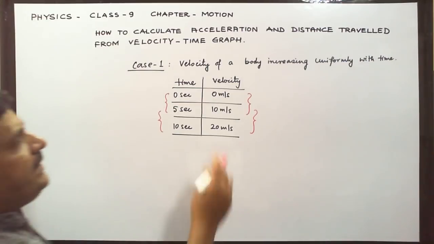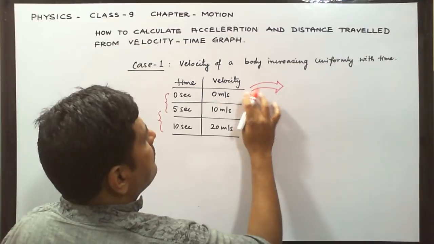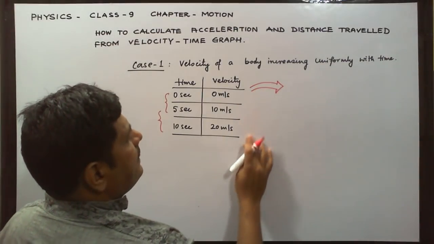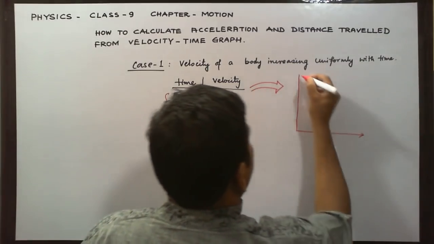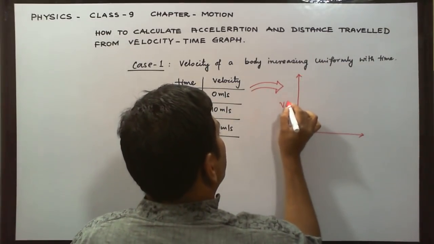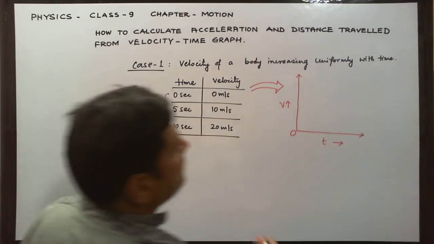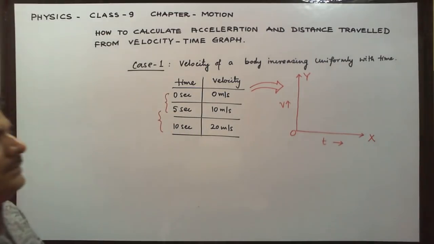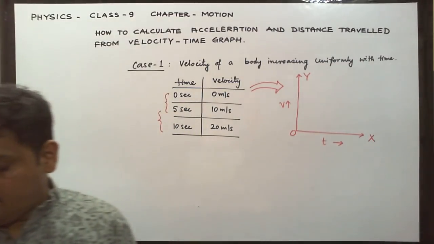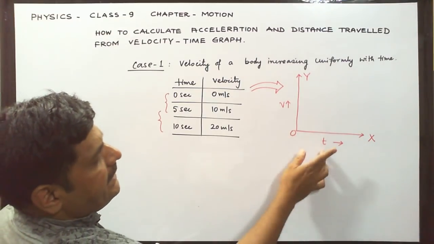So if we plot a graph for this given data, we take velocity along the y-axis and time along the x-axis, because velocity is the dependent variable and time is independent.